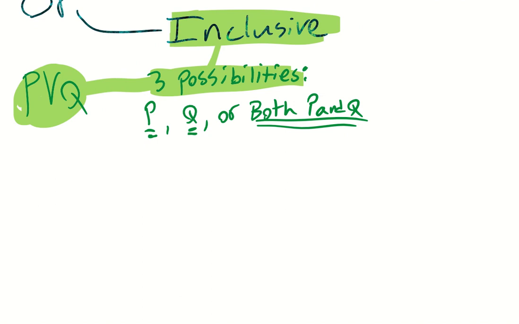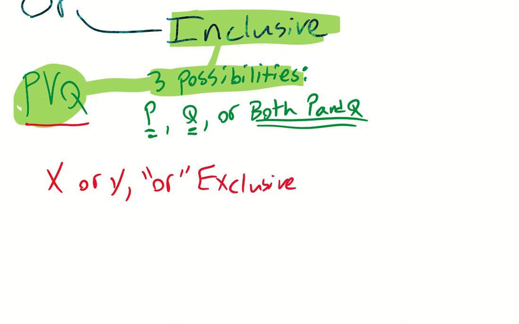Just think about what this sentence is saying, P or Q. There are three possibilities. So how would we translate X or Y where the or is exclusive? So we can first say X or Y in parentheses. Presently, that's saying X is the case, Y is the case, or both X and Y are the case.